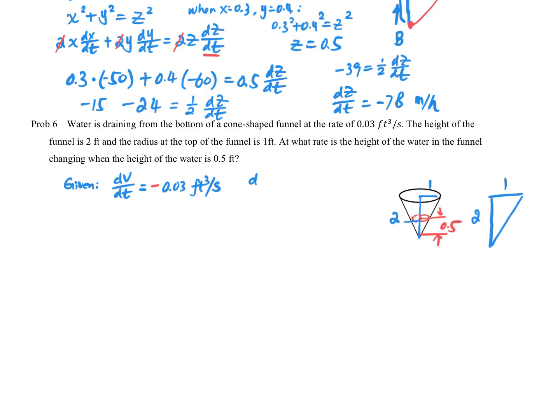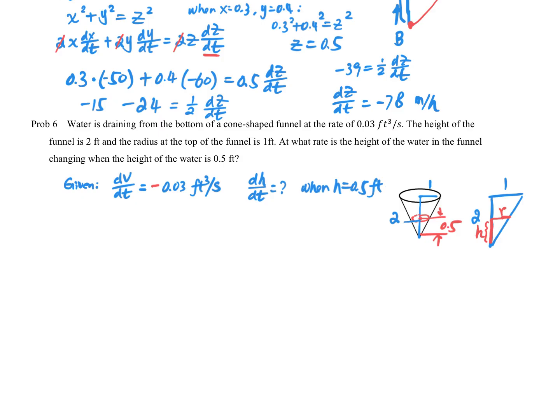At any moment, let's call this height h, and the radius at that moment r. So we want dh/dt, what is that quantity when h is 0.5? The unit is feet.